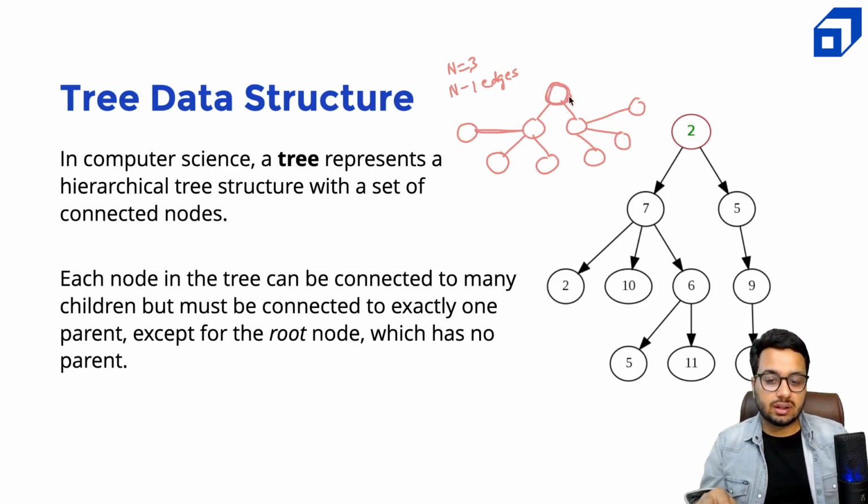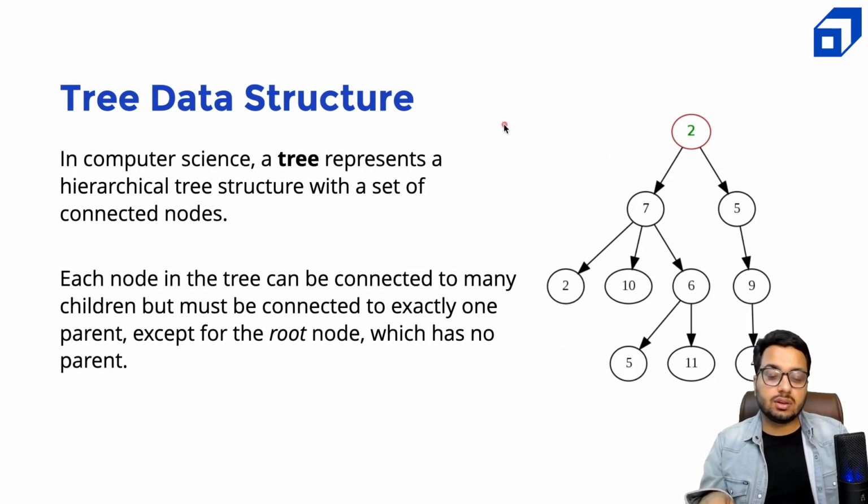So the root node does not add any edge in the tree. If there are n nodes in the tree, there would be n minus 1 edges, because the root node has no parent, and all the rest of the nodes that you add must be connected to a parent through an edge, right? So this is an interesting observation you can note. So in every tree there will be n nodes and n minus 1 edges, right?